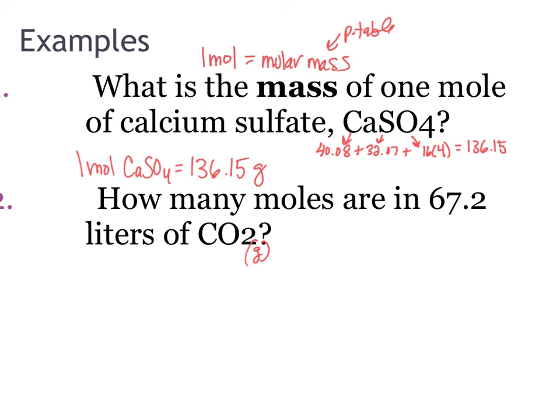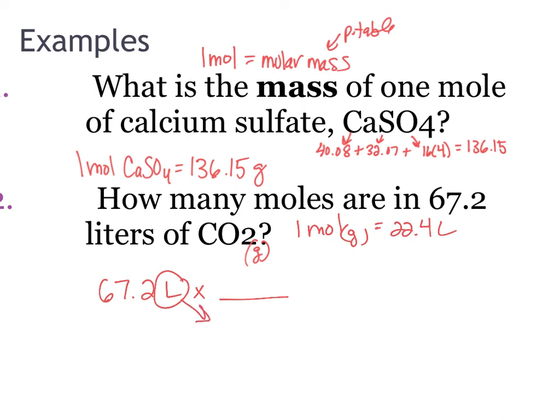So in this one, my conversion factor is 1 mole of any gas is equal to 22.4 liters. So always start with what's given to you in the problem, which is 67.2 liters. I multiply it by my conversion factor. This unit gets dragged down here. I look at my conversion factor, 22.4 liters. Okay, so liters divided by liters will cancel out, and I'm left with 1 mole.